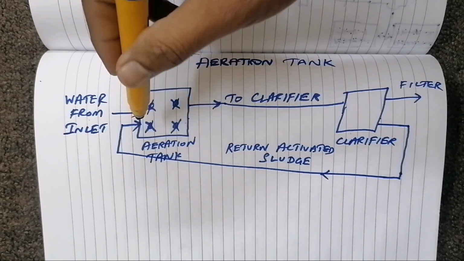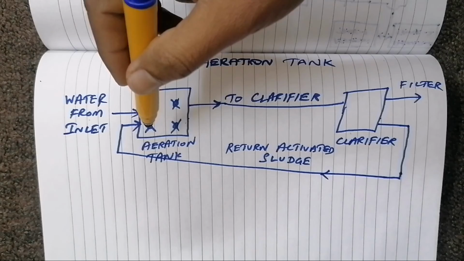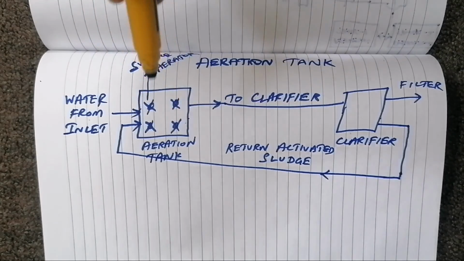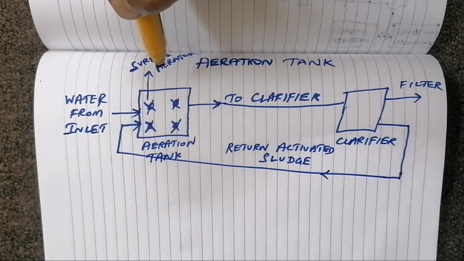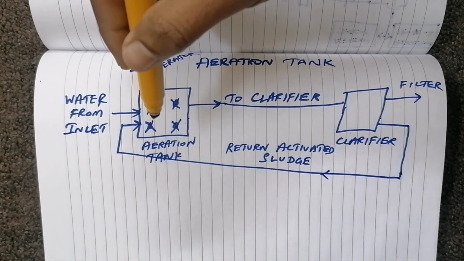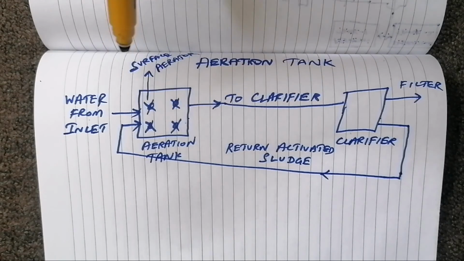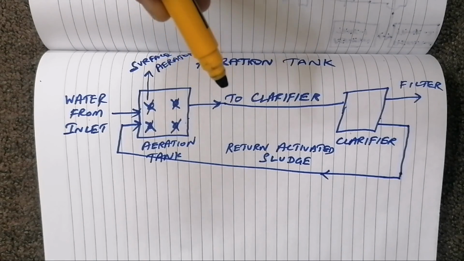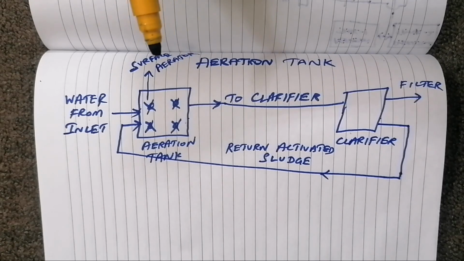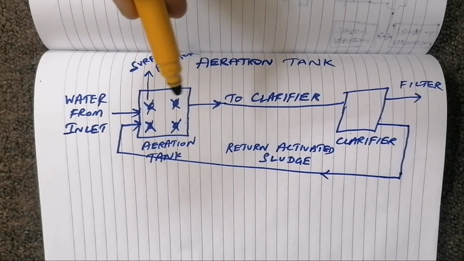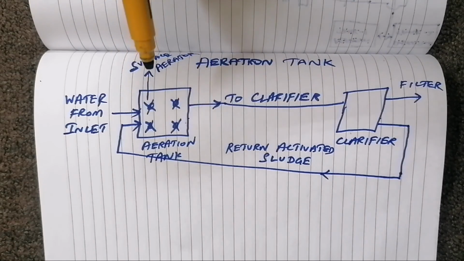So this is our plant layout. Here we are using 4 surface aerators. One more additional thing I am going to tell you: here we are not using any blowers or any air from blowers. This is the old model, so here we are using only surface aerators. We have one more tank, the newest version, in which we use aerators as well as blower air and mixers.